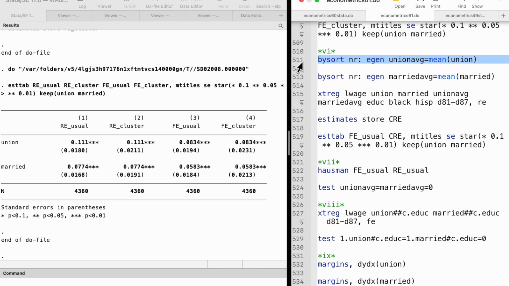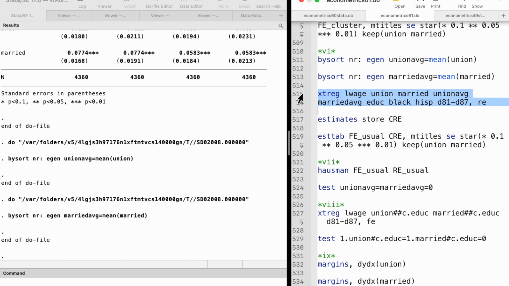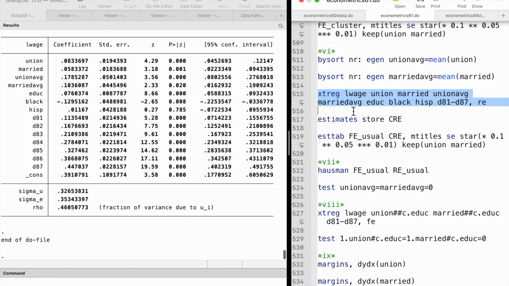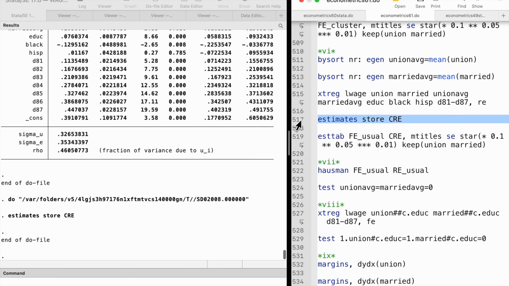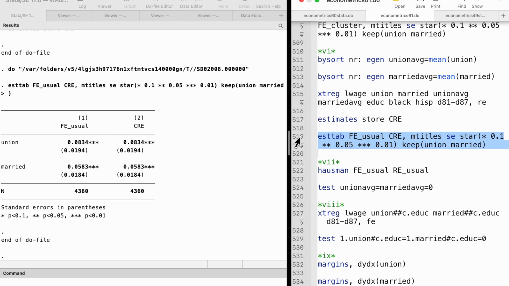We generate the averages of the union and the married variables over time. Then we add the time averages to the model and estimate by random effects. The correlated random effects estimates for the two time-varying variables are identical to the fixed effects estimates.